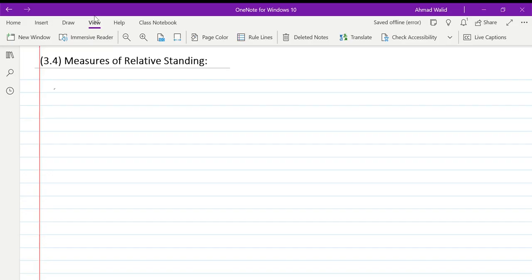It means comparing measures between or maybe within data sets.